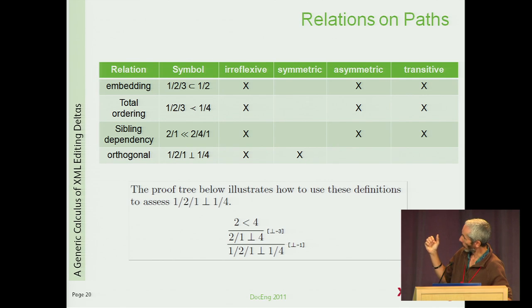And the fourth one, the orthogonal operation, is also important for the commutative composition, which we call parallel composition. And on the bottom part here, you have an example of how we can use logical definitions of operators to prove and to assess such relations in a logical way. Rather simple, in fact.